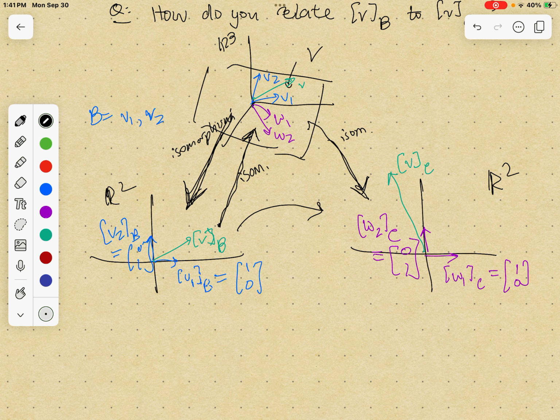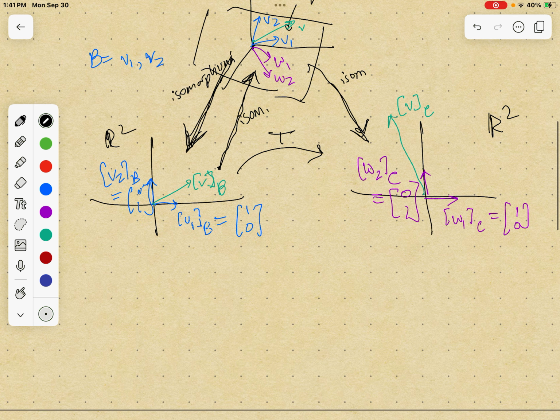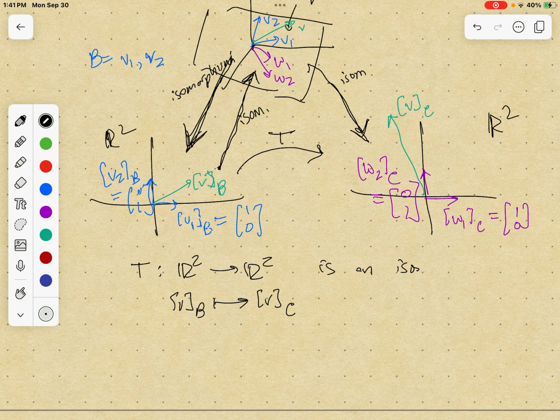So we have this isomorphism T, a map from R2 to R2 that maps the coordinate vector of V relative to B to the coordinate vector of V relative to C. This is an isomorphism, i.e. one-to-one and onto.